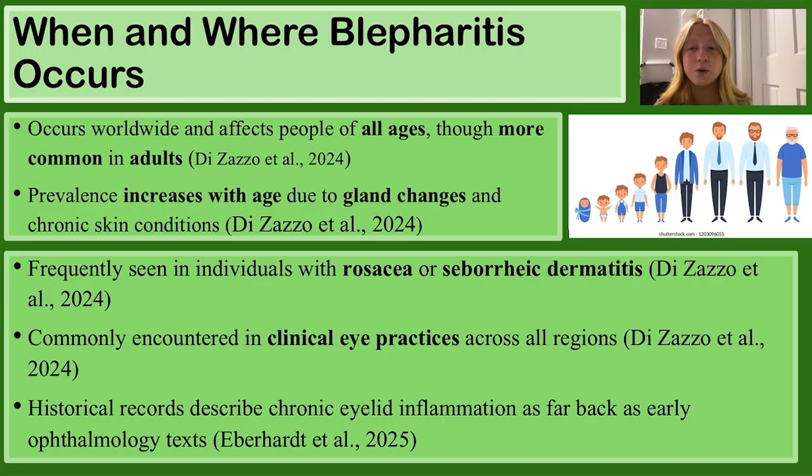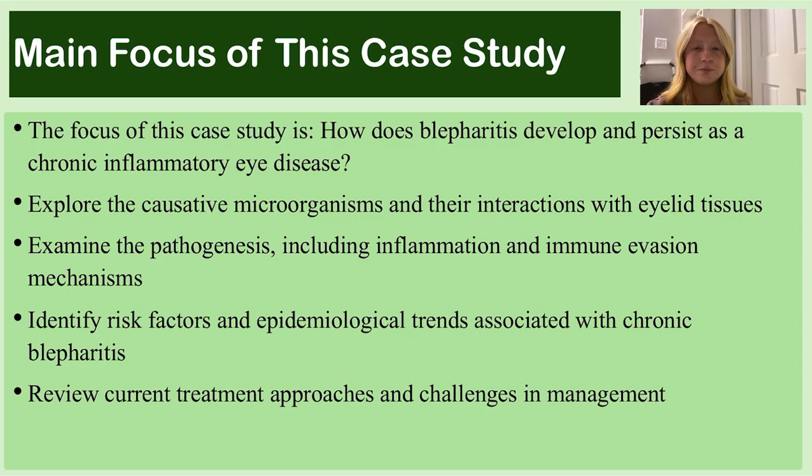It's also linked to chronic skin disorders like rosacea or seborrheic dermatitis, which can affect the face and scalp and share inflammatory pathways with blepharitis. It usually consists of red crusted eyelids, and it was discovered a long time ago. Even though we've known about it for a long time, the condition is still a challenge to manage, which shows how complex the eye's microbiome and inflammatory balance really is.